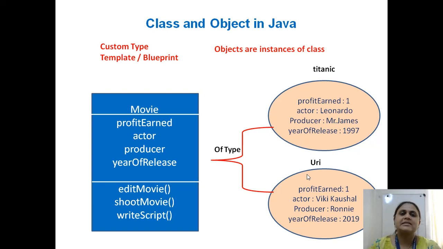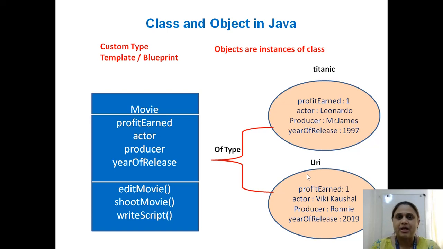Titanic is there, Uri is there, say some XYZ, some ABC, movie number 1, movie 2, these n number of movie type objects are there. So what we say is, these are all movies, right? So what we are able to say is, a class is nothing but a collection of objects. This is the fourth definition of class you can say.